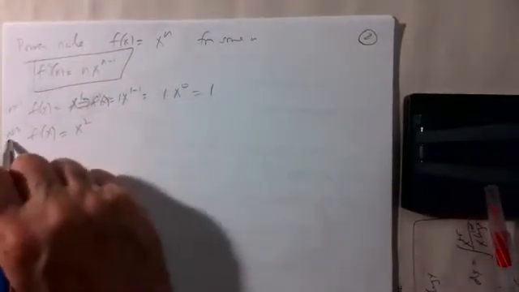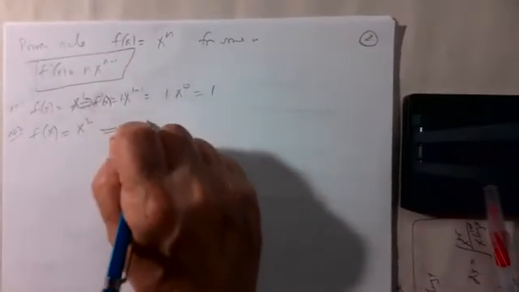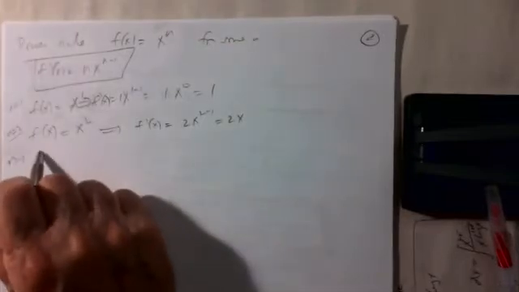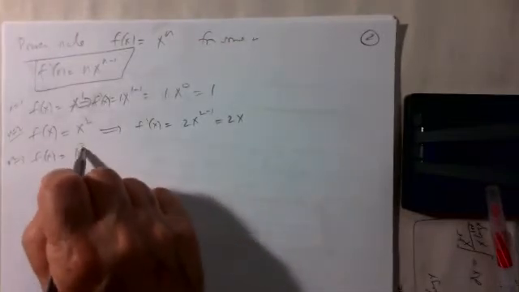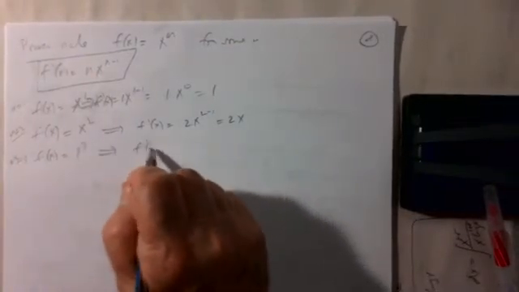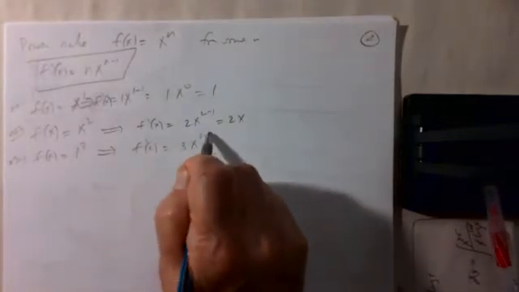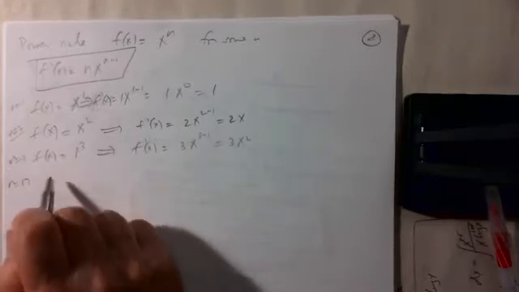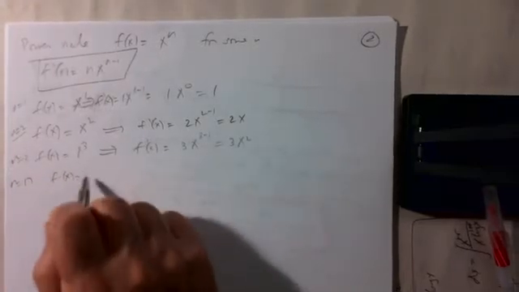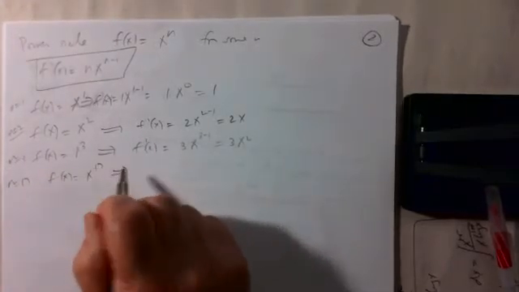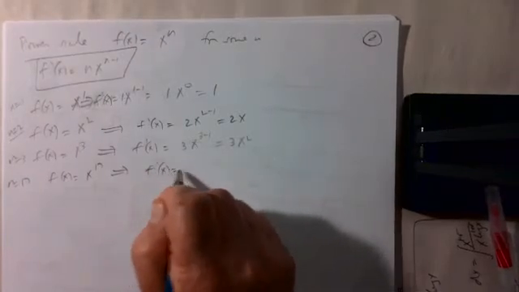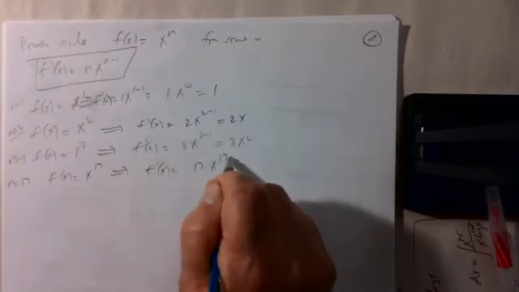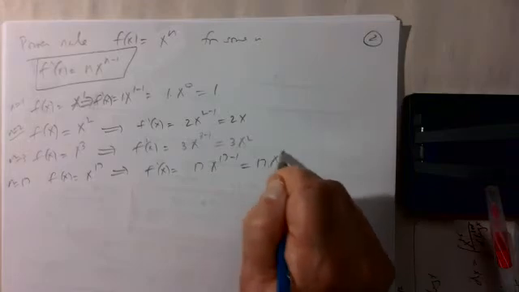If f of x is x squared, so n is 2, then f prime of x is 2x to the 2 minus 1, or 2x. If n is 3, so f of x is x cubed, then f prime of x is 3x to the 3 minus 1, which is 3x squared. If n is 17, so f of x is x to the 17th power, then f prime of x is 17x to the 17 minus 1, or 17x to the 16.